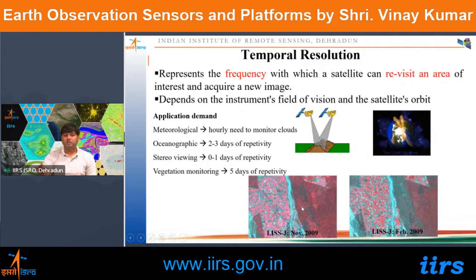Here when the vegetation is healthy, it is appearing in red color, and when the vegetation is dry, it appears differently. So normally for different applications, different temporal resolution is required. For meteorological applications, hourly data is required. Oceanographic applications, 2 to 3 days. For stereo viewing, 0 to 1 days of repeatability. For vegetation monitoring, 5 days of repeatability is required.